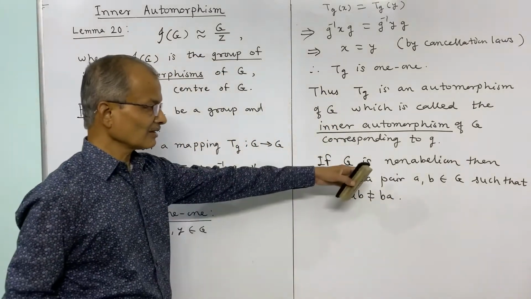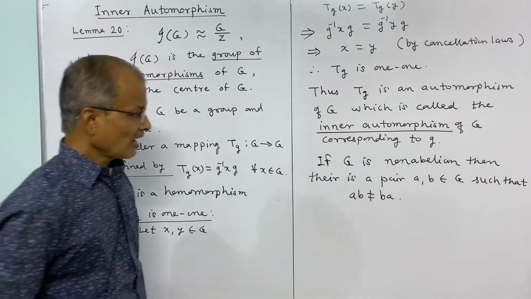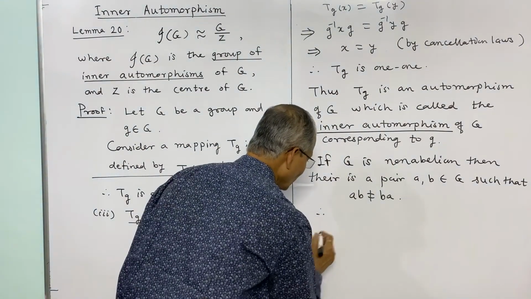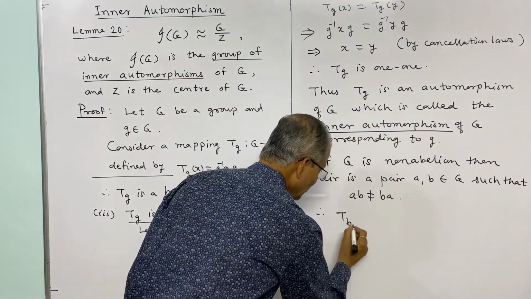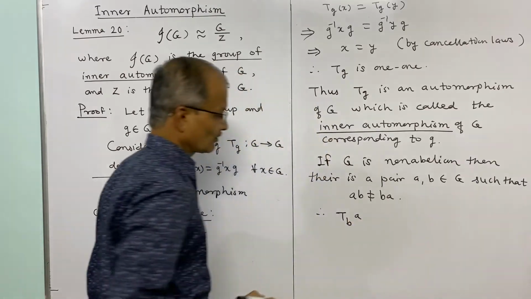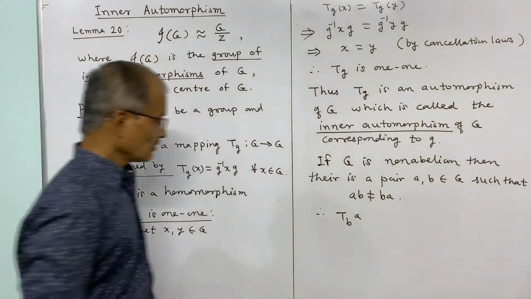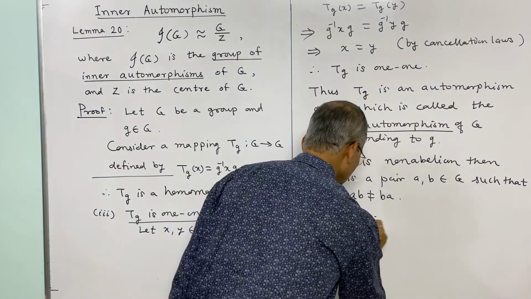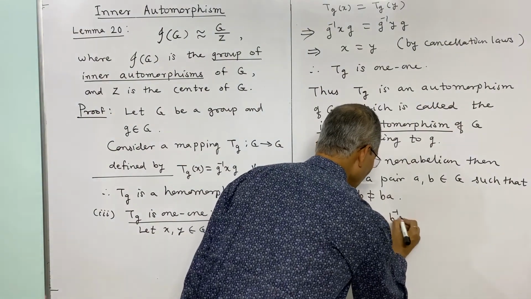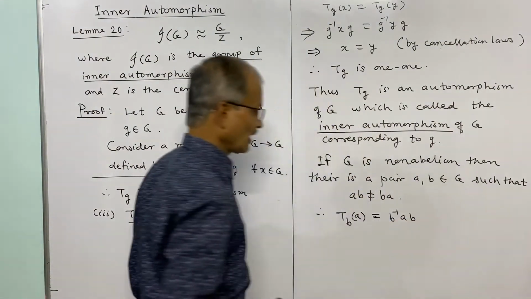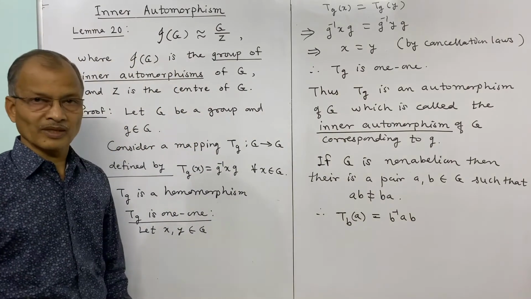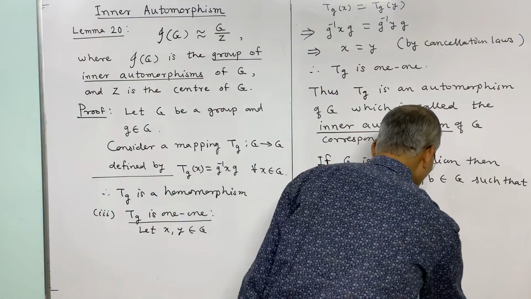If it were equal, then it would be abelian. So consider Tb of a. That is equal to b inverse ab, and this is not equal to a.